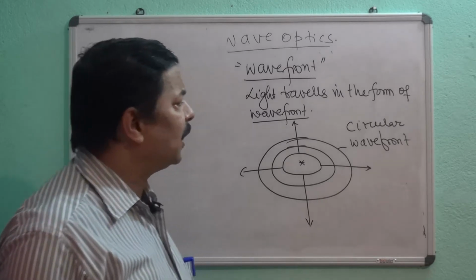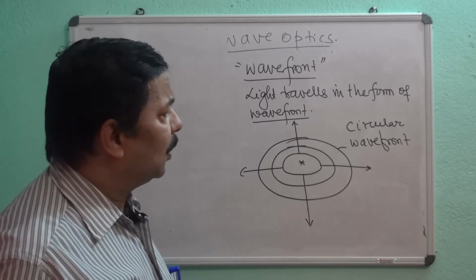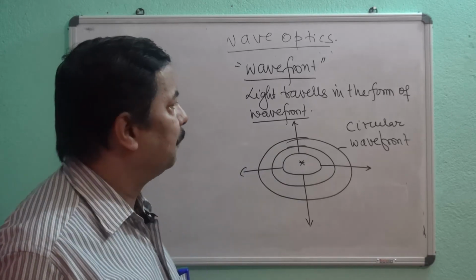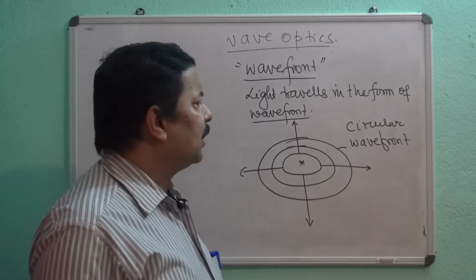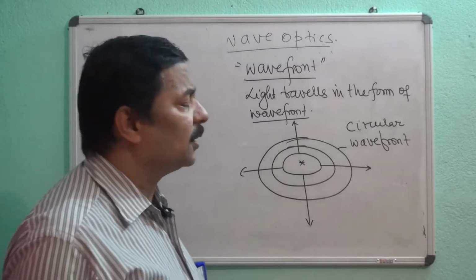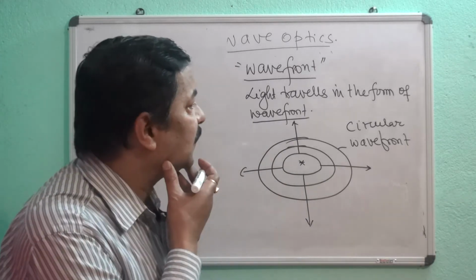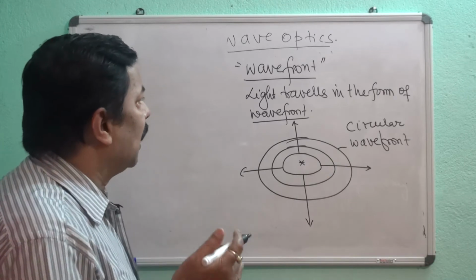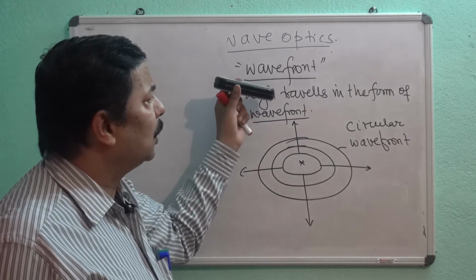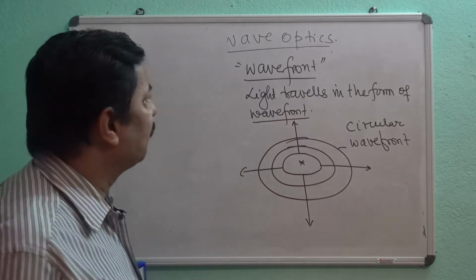Now the question arises, what is the uniqueness of each circle? In order to understand it, we have to understand some concept of phase, that is, what the phase is here. See, according to Huygens, light travels in the form of wavefront.